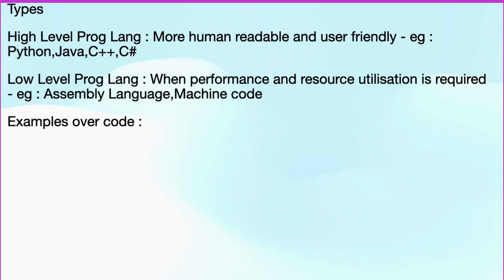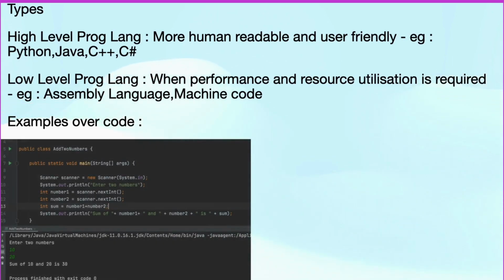If we look at the example, this is the high level example of adding two numbers. You can see the program is written in a very simple way. In simple English, it says, enter two numbers.